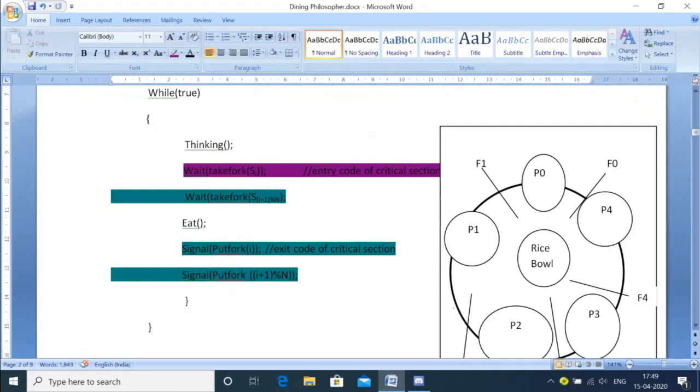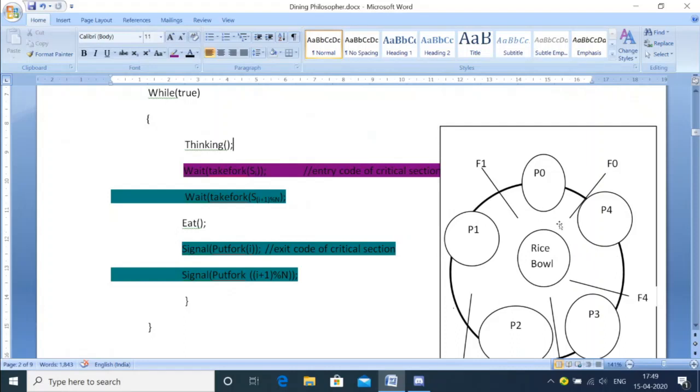The moment they have done this, all the semaphores related to every fork, those semaphore values also have been changed from 1 to 0. Why? Because all the forks are now given to someone, at least one each, but all of them are occupied. So what will happen now? None of the philosophers can eat.